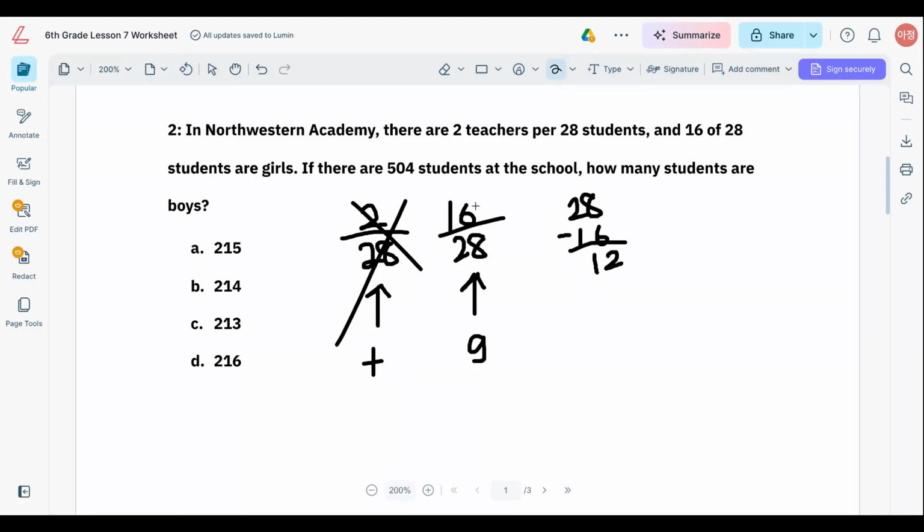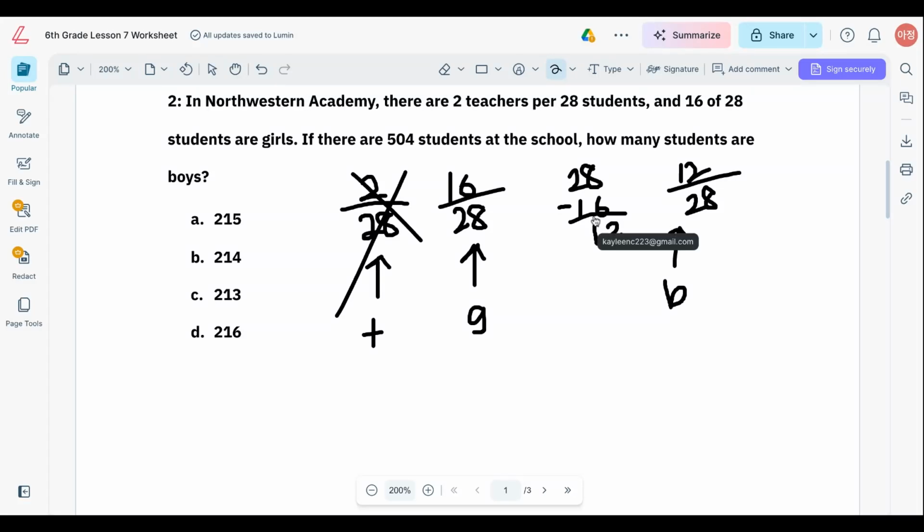So when there are 16 girls per 28 students, there are 12 boys per 28 students. All right? Because the 28 represents the total. Just put boys here.